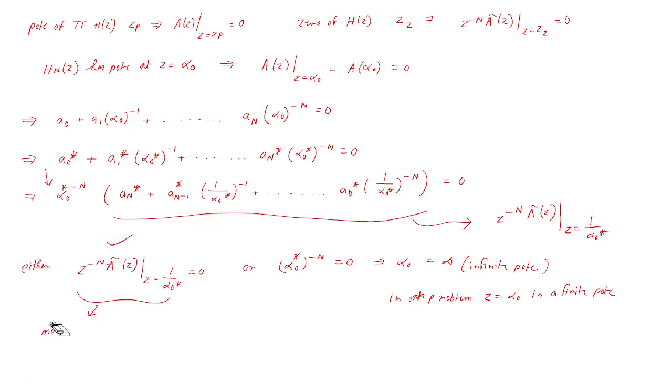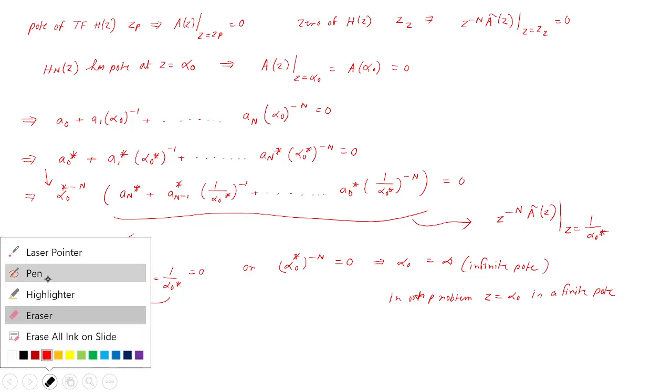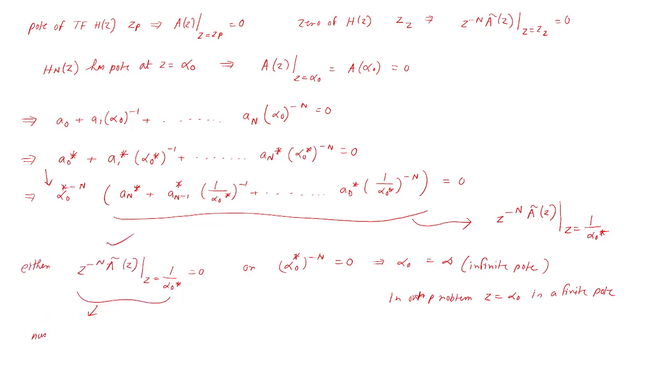Sorry about the error, let me write it correctly. This is nothing but the numerator of Hn of z. Therefore, if the numerator polynomial evaluated at z equal to 1 over alpha naught star is 0, that means your transfer function of course goes to 0.